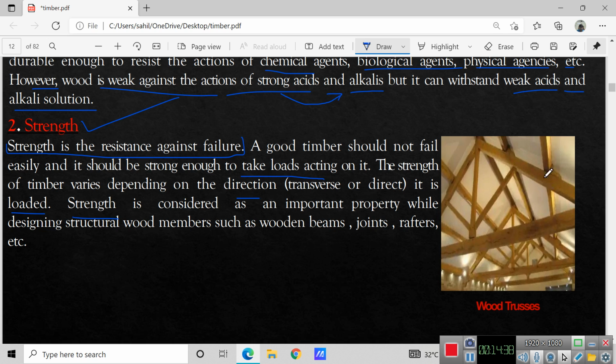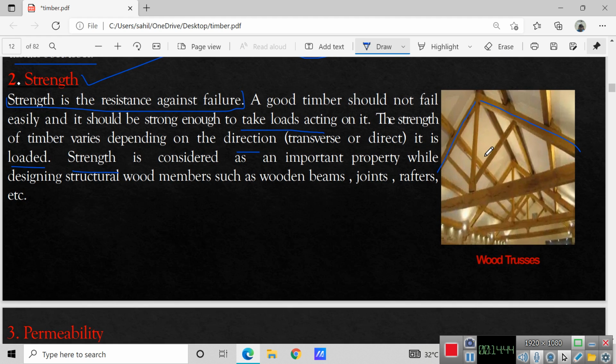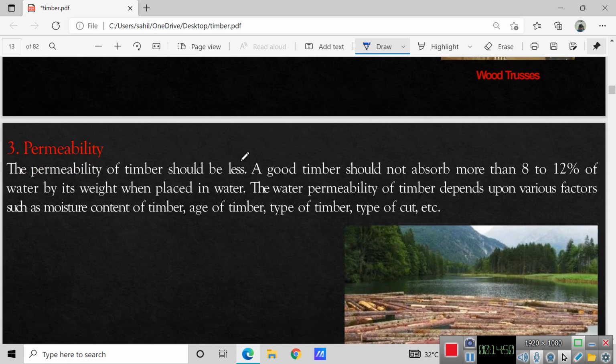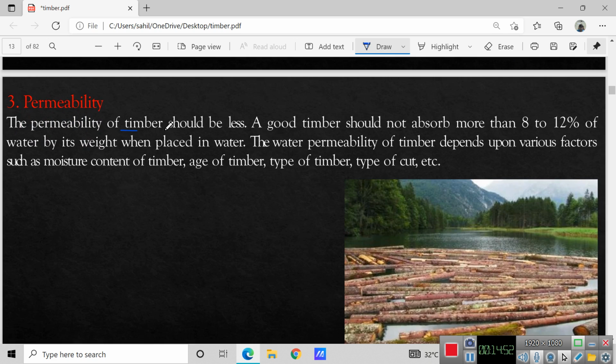Here is a picture which shows different kinds of bonds of wood used in structural projects. Now permeability. The permeability of timber should be less, that is, the amount of water that would enter the wood must not be more than 8 to 12% for an ideal wood.